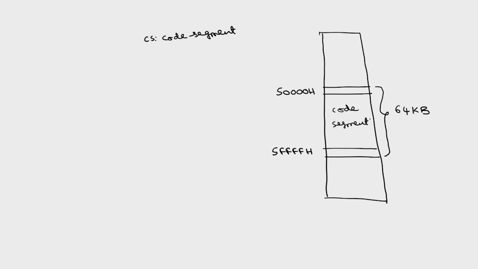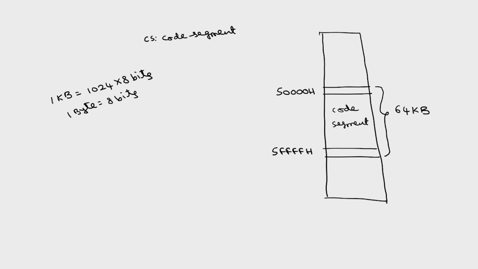In general, 1 kilo in digital terminology, 1 kilobyte means 1024 bytes, and 1 byte is 8 bits. So, 1 kilo is not exactly equal to 1000, but it is 1024.